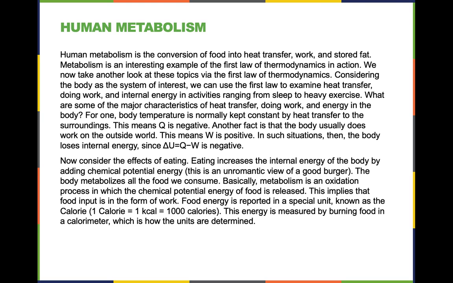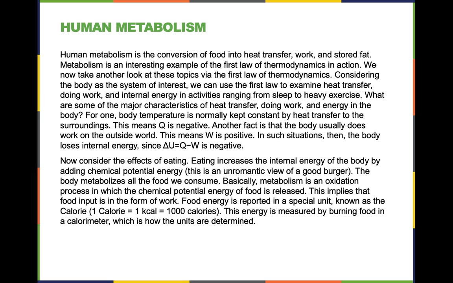Now consider the effects of eating. Eating increases the internal energy of the body by adding chemical potential energy. This is an unromantic view of a good burger. The body metabolizes all the food we consume. Basically, metabolism is an oxidation process in which the chemical potential energy of food is released. This implies that food input is the form of work.